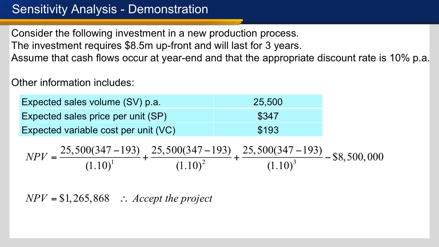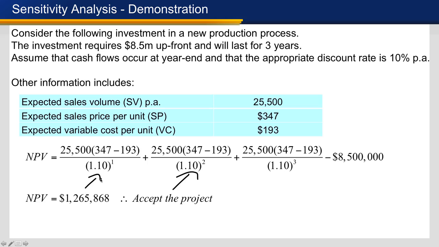So the difference between the sales price and the variable costs is what's known as a contribution margin, and that's generating our net cash flows. So we take the difference between those two numbers, multiply that by the number of units that we expect to sell, and that gives us our expected cash flow on a per annum basis. We discount those cash flows at a risk-adjusted discount rate of 10% each year.